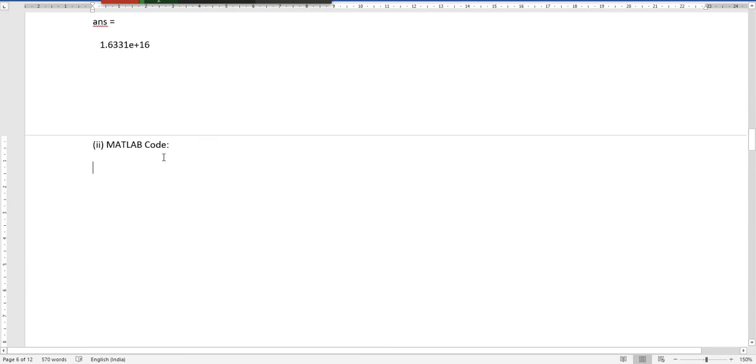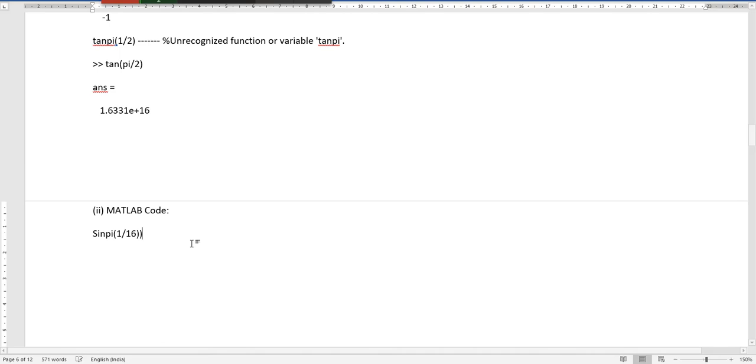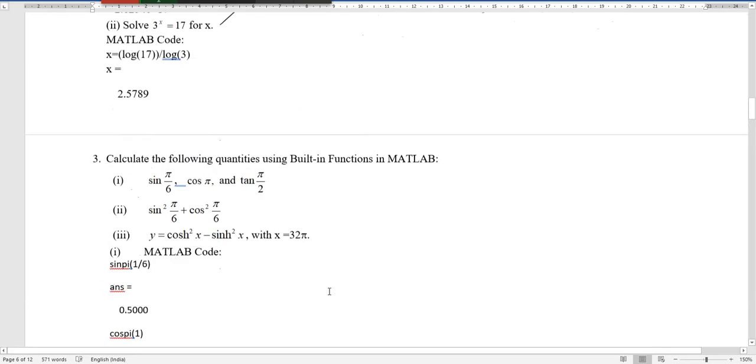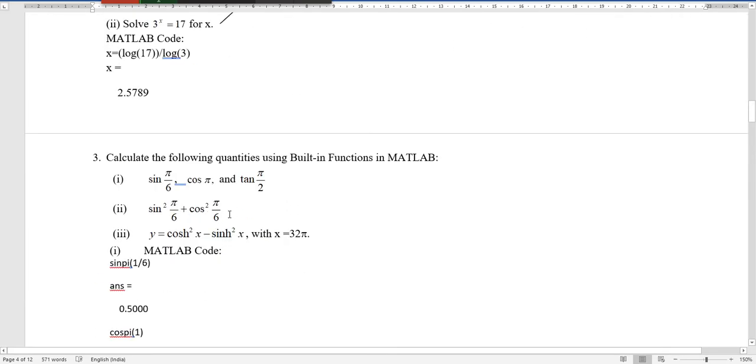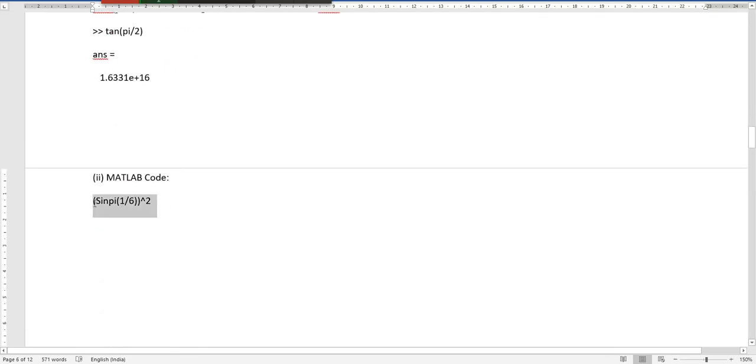Sin pi by 6, whole square. So use a bracket, then caret 2, which is sin pi by 6 squared. In a similar way, I will replace it by cos.